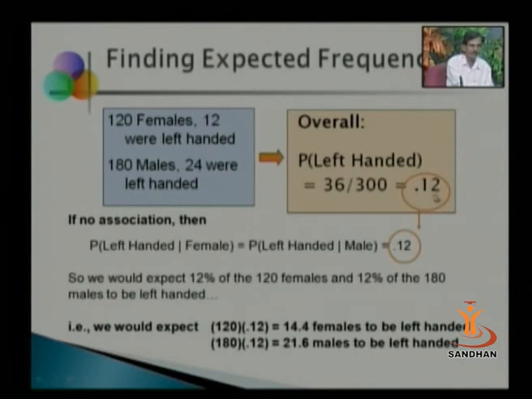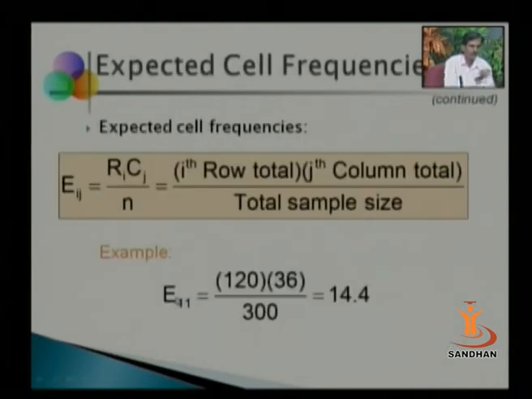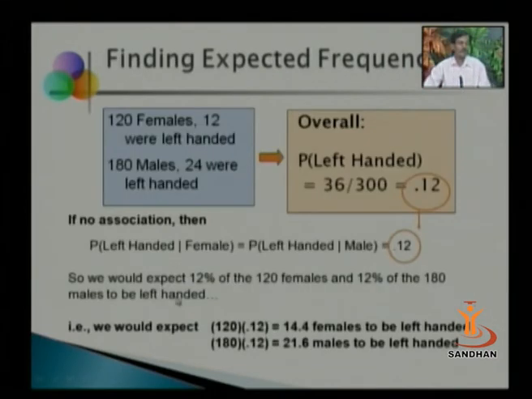So the probability is 0.12. If there is no association, the probability of a left-handed female is the same as the probability of a left-handed male, and that is equal to 0.12.